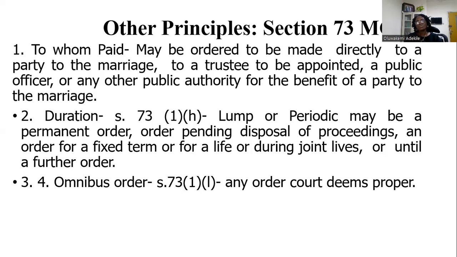It might be paid to a trustee. If it's maintenance for the benefit of the spouse, it might be given to that spouse. If it's given for the benefit of children of the marriage, for instance, the court might order that it be paid to a trustee appointed, an officer of the court or a public authority, for the benefit of the children of the marriage. So the maintenance under the Matrimonial Causes Act would be given for the benefit of a spouse and children of the marriage.